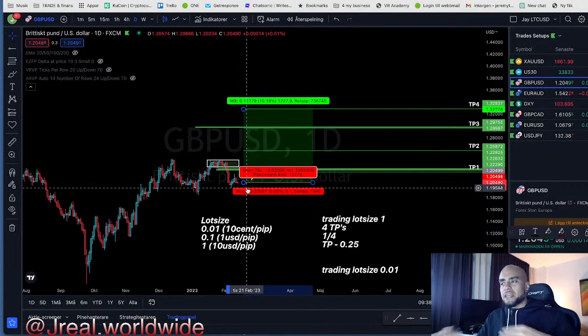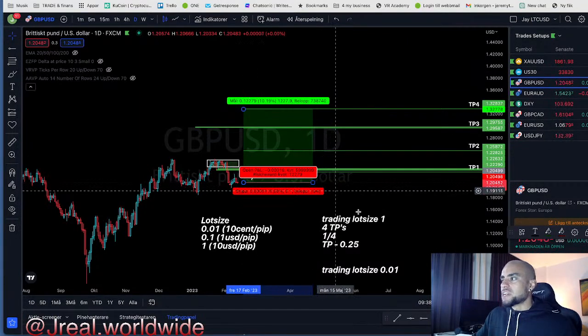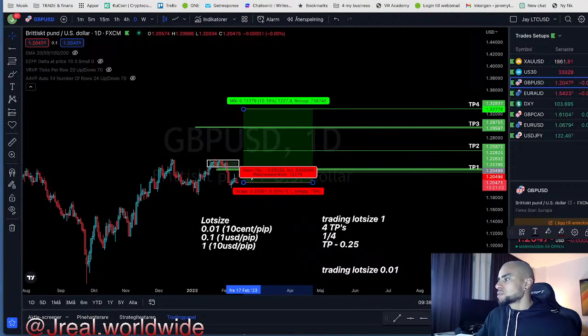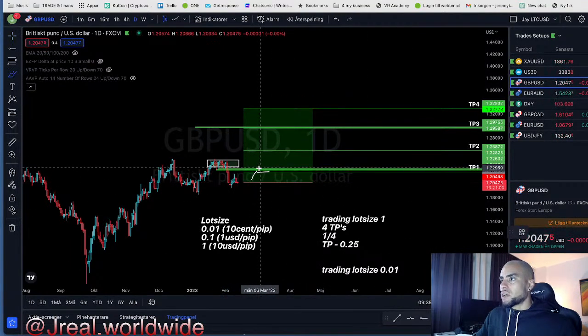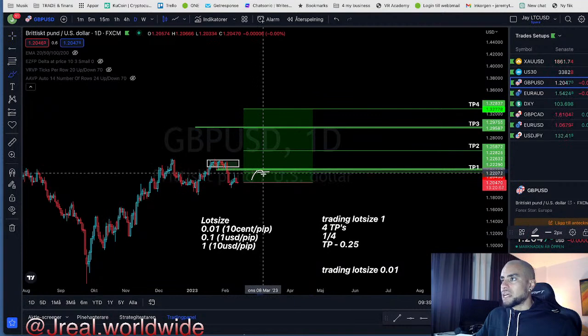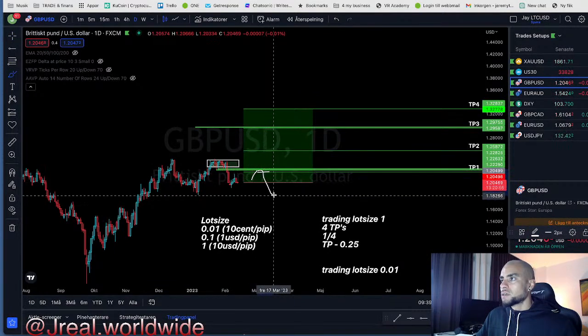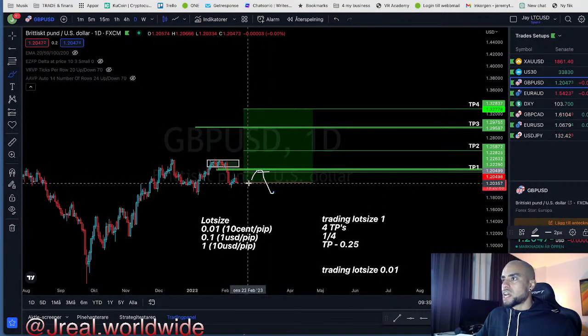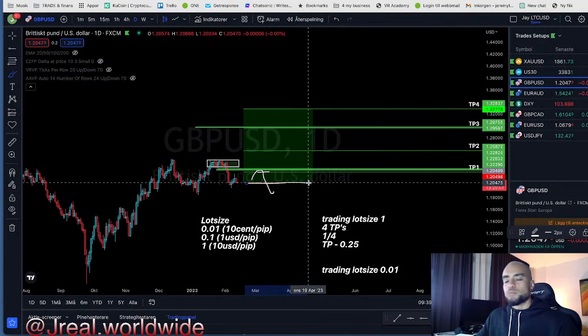In that case, you have a break-even trade now. So even if the market bounces off this take profit 1 and reverses back down, you will not lose money because you have put your stop loss into break even.